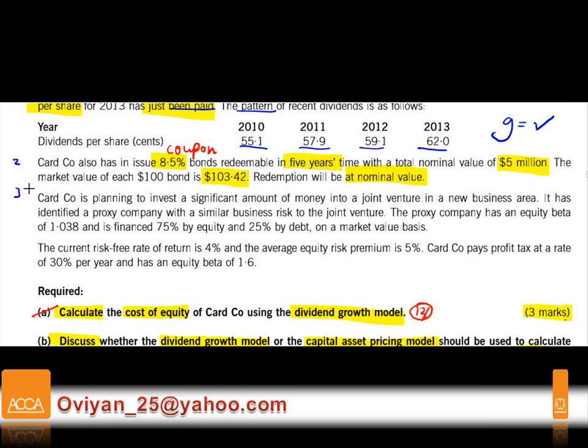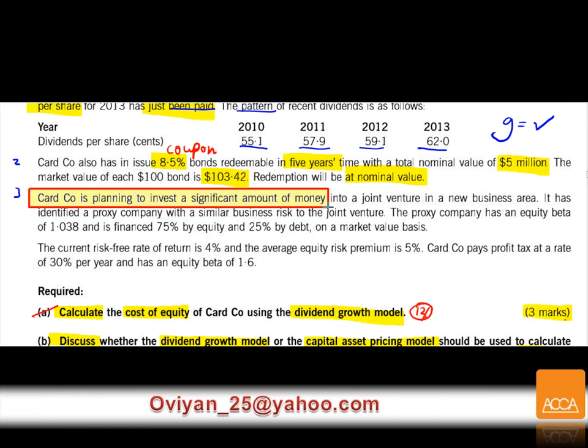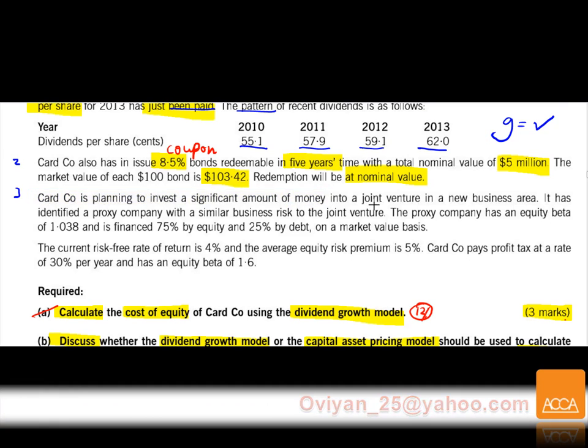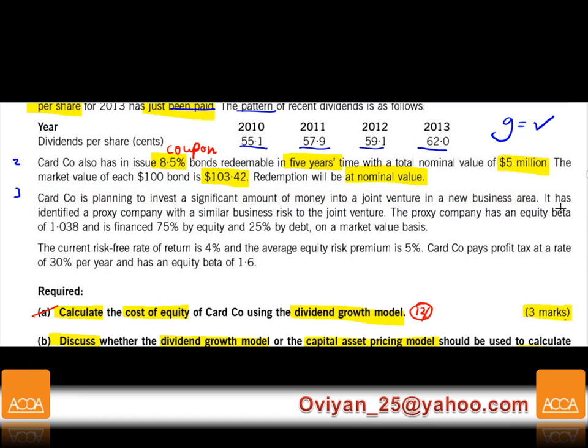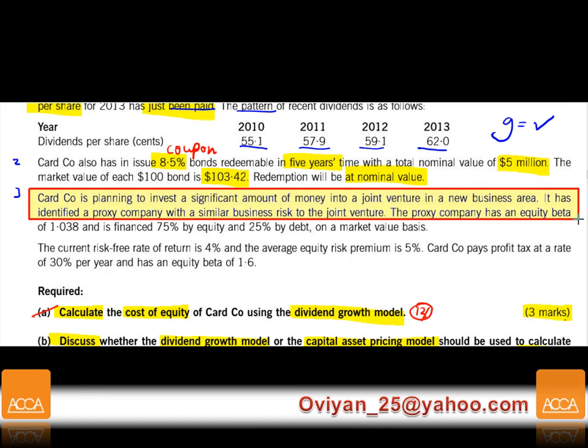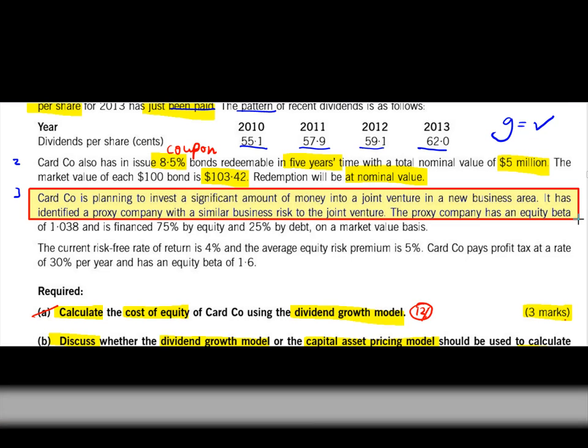Okay, this is going to be, it's planning to invest a significant amount of money. Now, when it's a significant amount of money, it's a big amount, into a joint venture in a new business area. It has identified a proxy company or similar company with a similar business risk to the joint venture.